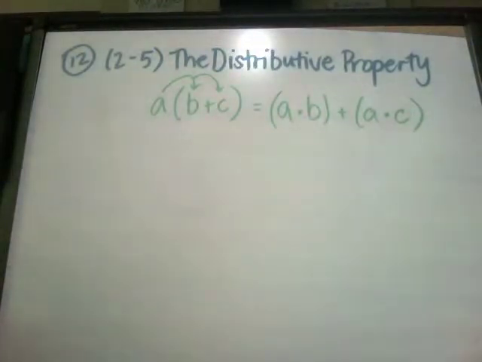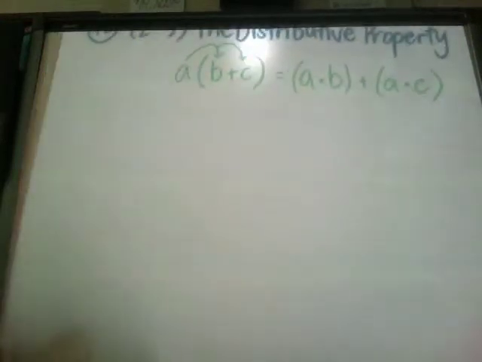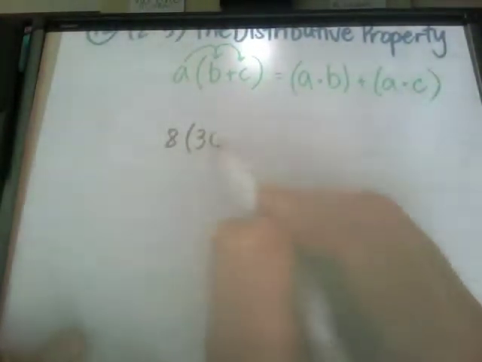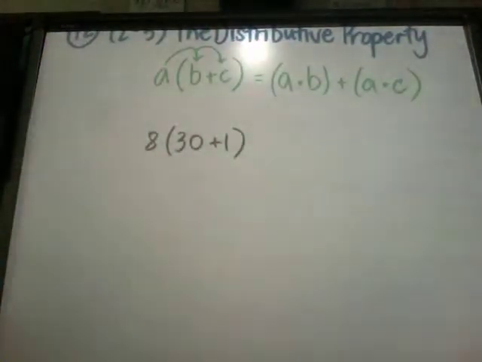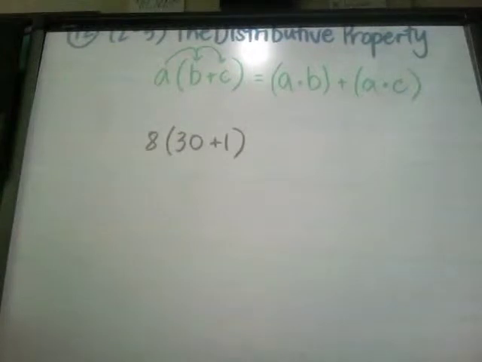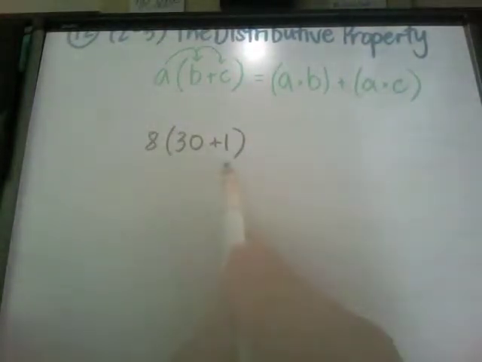First thing that we're going to do is actually just use some numbers. So for example, if I said that we are going to do 8 times 30 plus 1. Obviously, in this example, we could put these two together.